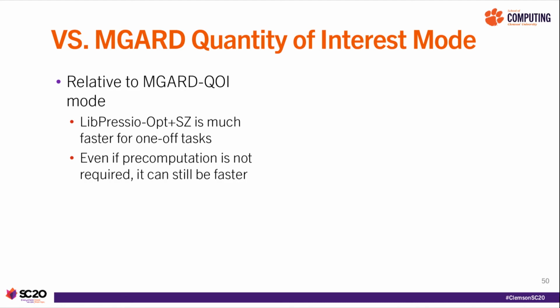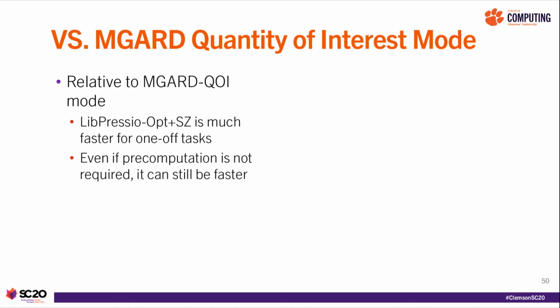However, even if pre-computation is not required, LibPressio-Opt using SZ can still potentially be faster. This is because the underlying compressor used, in this case SZ, is substantially faster than the current implementations of IMGARD. We can further say that IMGARD's quantity of interest mode tends to over-preserve the amount of information.